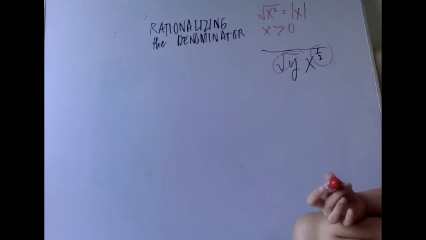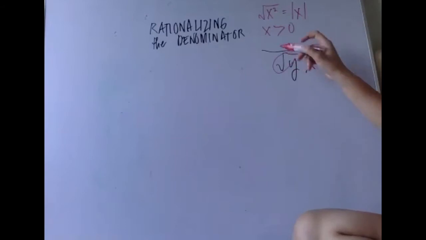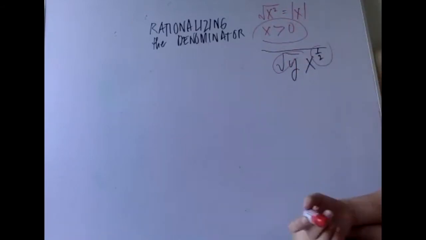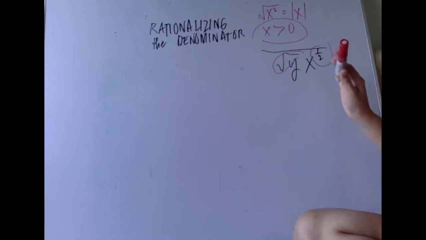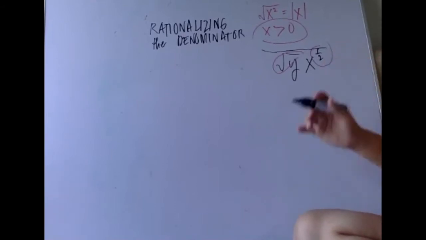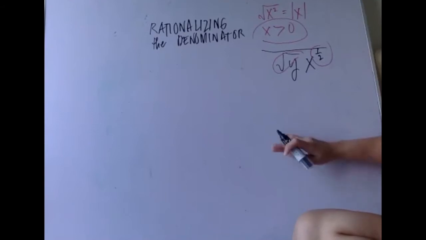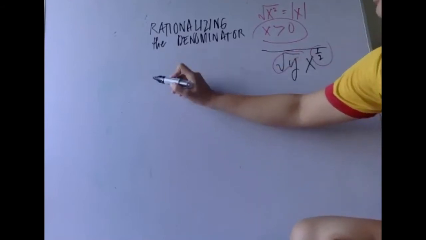Okay? For problems or for expressions where x is always greater than 0, hindi na natin kailangan malagay ng absolute value. Okay? So for this discussion, assume natin na lahat ng variables are positive. Okay? So, saan ba tayo? Sige, ito muna.